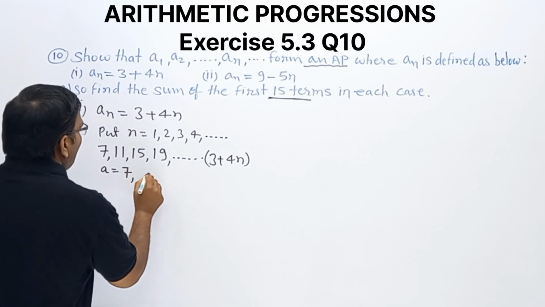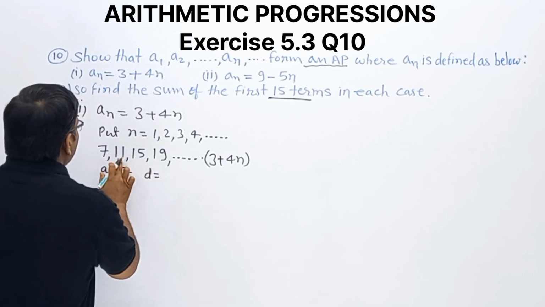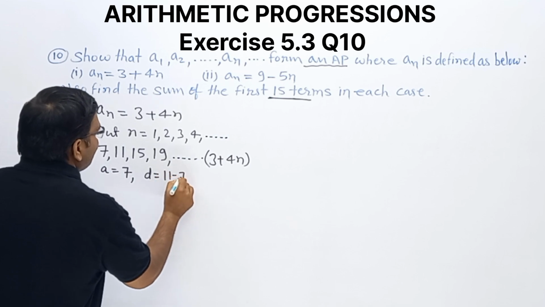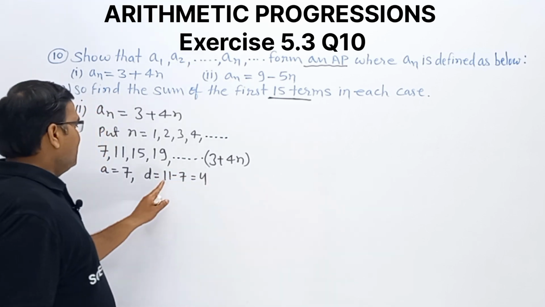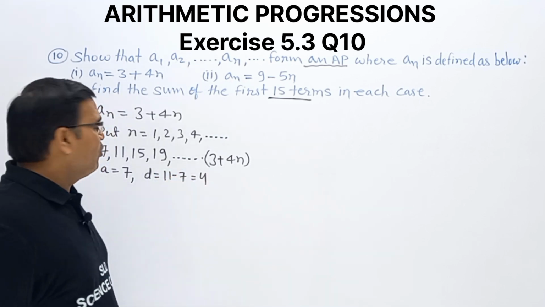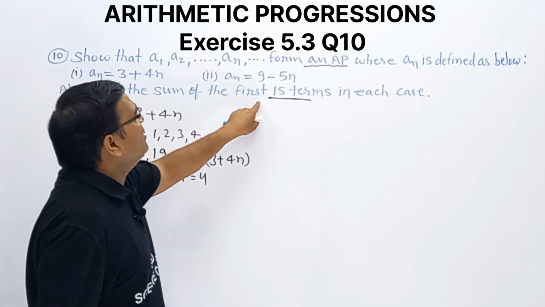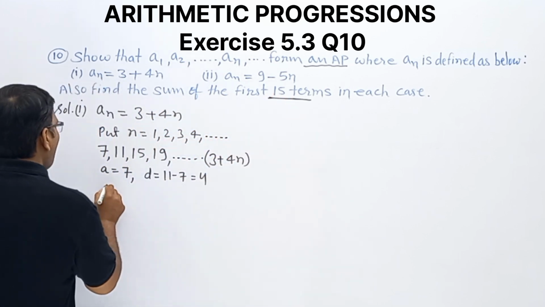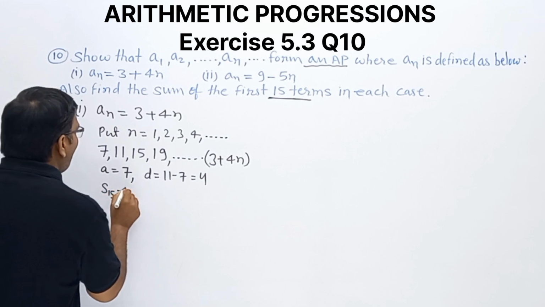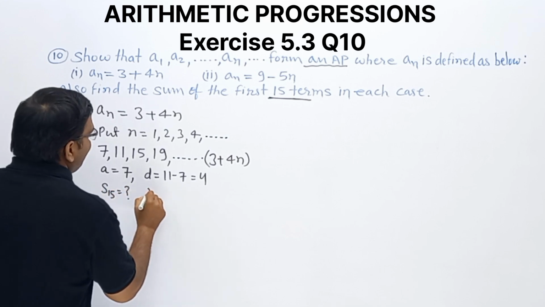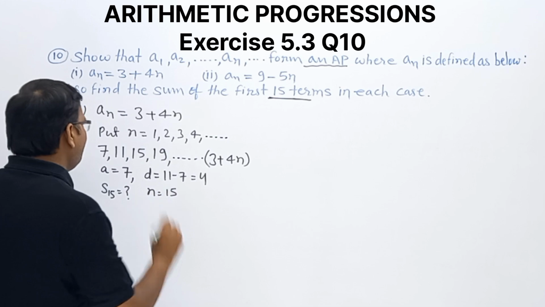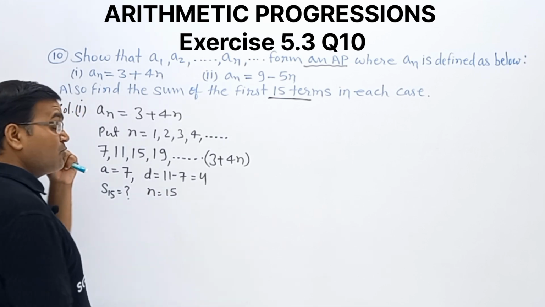Its common difference d equals the second term minus the first term, 11 minus 7, which is 4. Clear? Now we want the sum of the first 15 terms. So here n is 15. Clear?